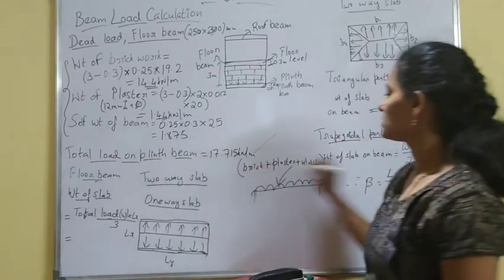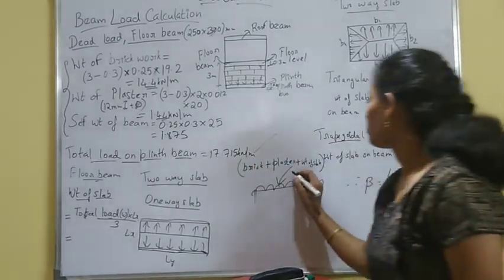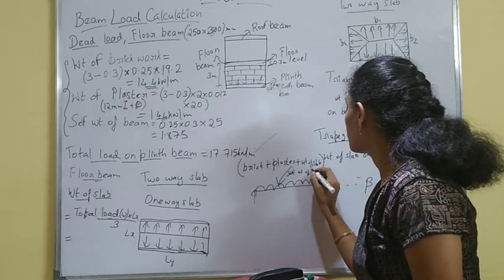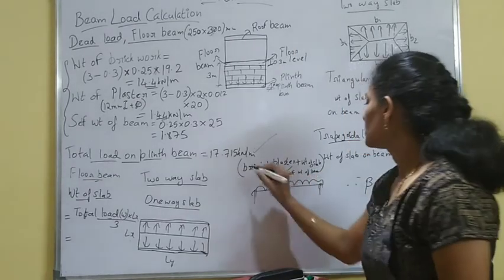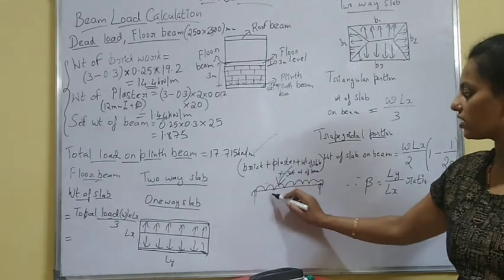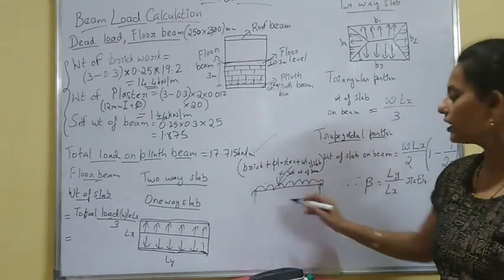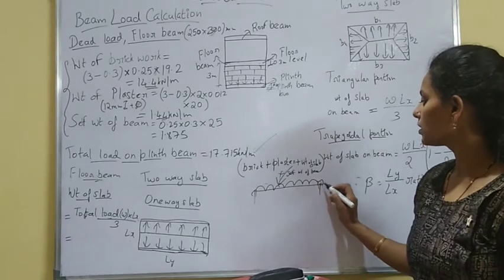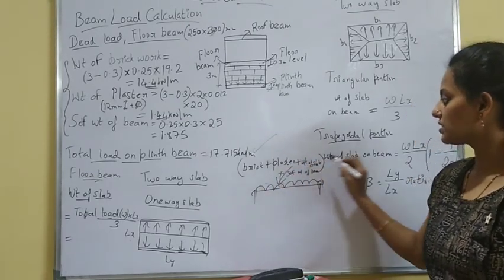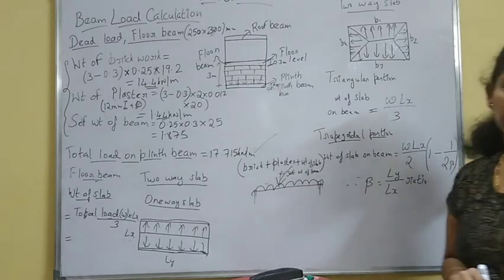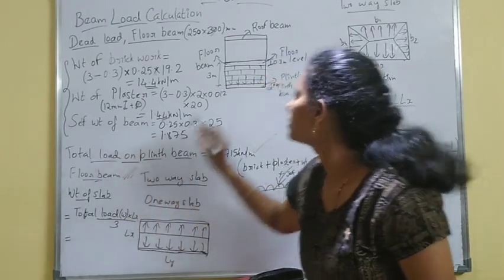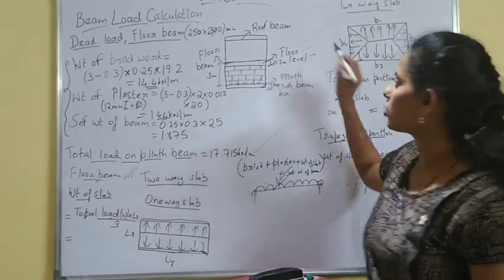These three loads and the self weight of beam, these four loads you have to consider to analyze the beam. The loads are brickwork, plaster, weight of slab and self weight of beam. This is for the floor beam, at the floor level.